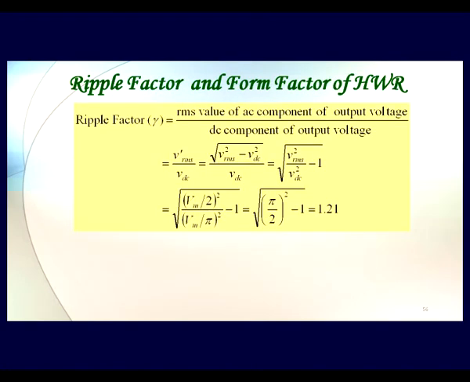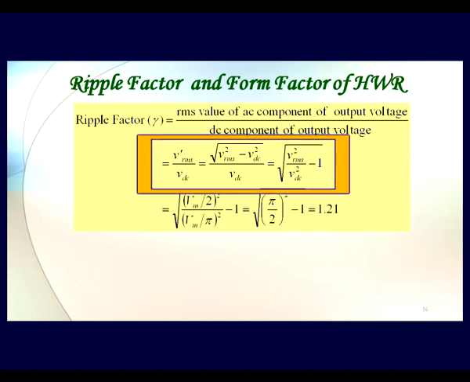Why we have found out all these components is essentially to see how the performance of our rectifier circuit is. And the important parameter that characterizes our rectifier circuit is the ripple factor indicated by gamma. It is nothing but the RMS value of the AC component of the output voltage upon DC component of the output voltage, that is V prime RMS upon VDC.